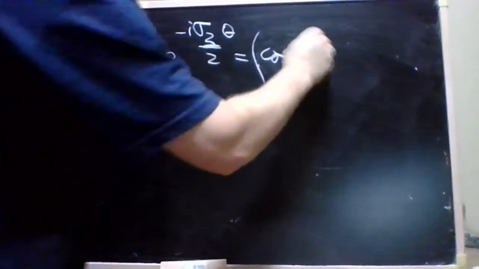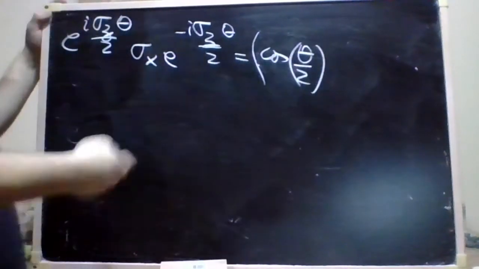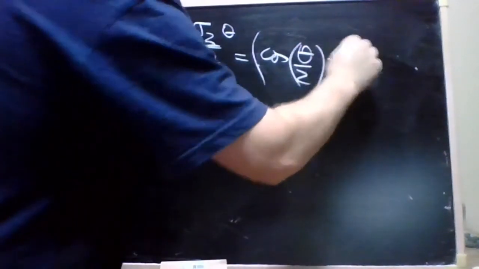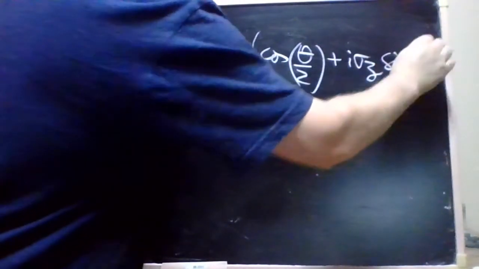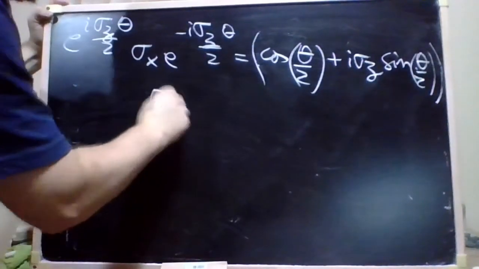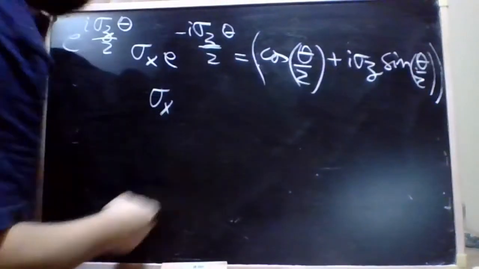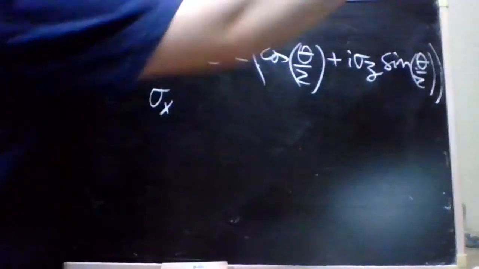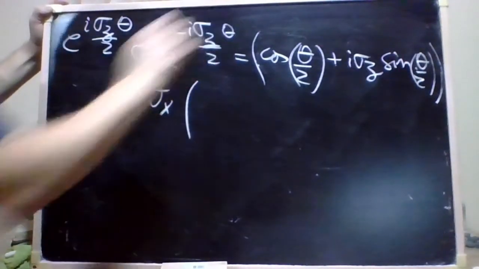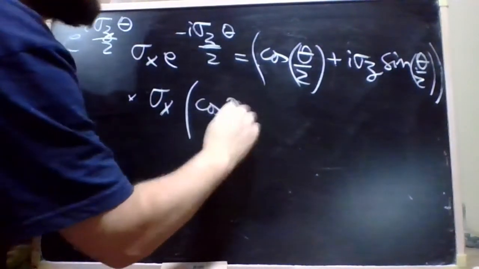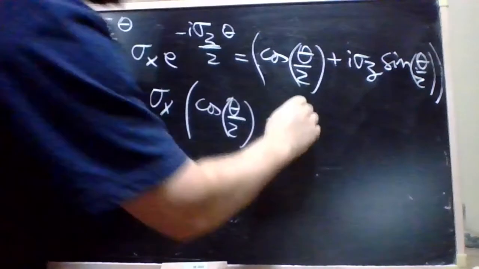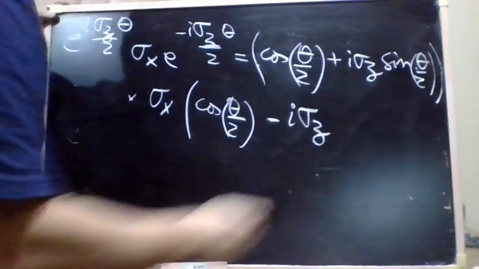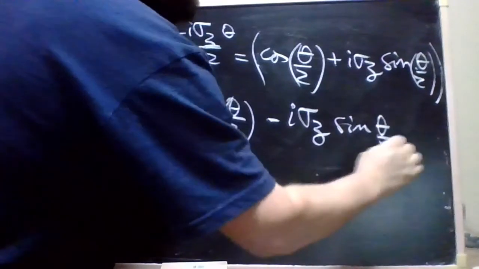It's implied that you have an identity matrix here. The sigma x is in the middle, so multiply there, but I don't have space to continue to proceed there, so multiply here. Cosine of theta over 2 minus, because there is a minus here, i sigma z sine theta over 2.